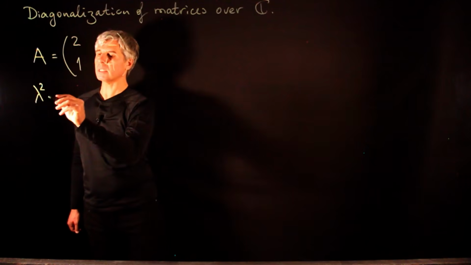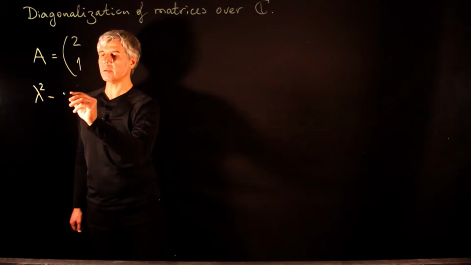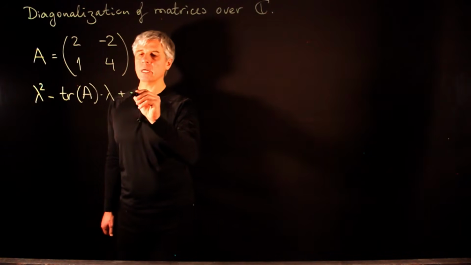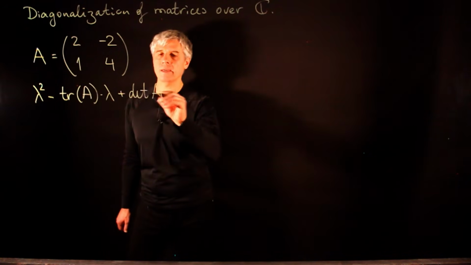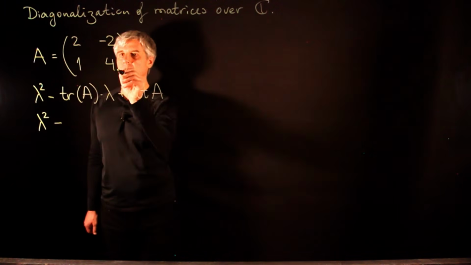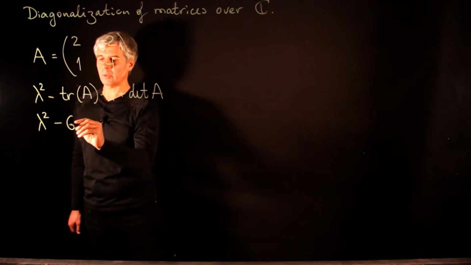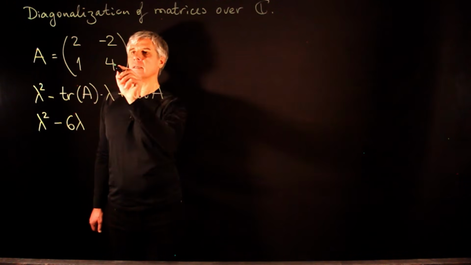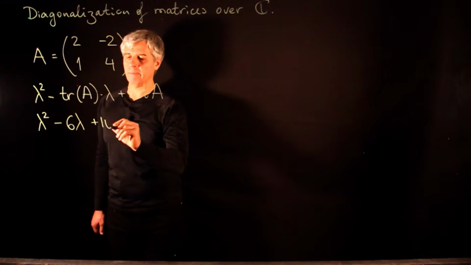For 2 by 2 matrices, it's lambda squared minus trace of A times lambda plus determinant of A. So this becomes lambda squared minus 6 lambda, where the trace is the sum of diagonal entries, and the determinant is 8 plus 2, so plus 10.